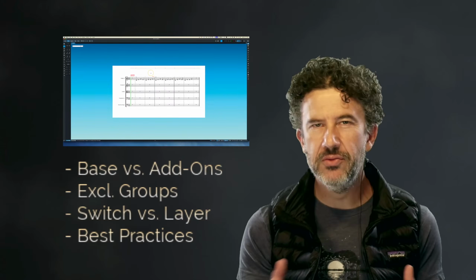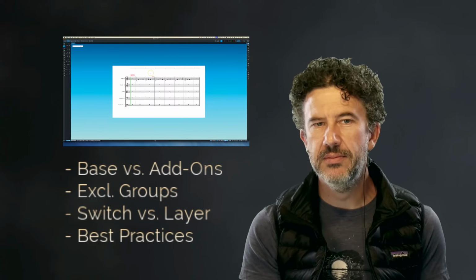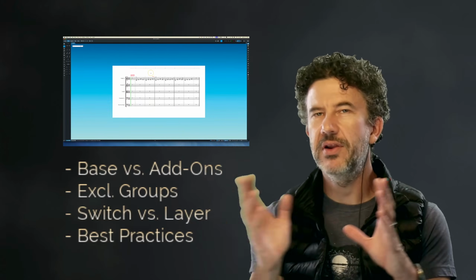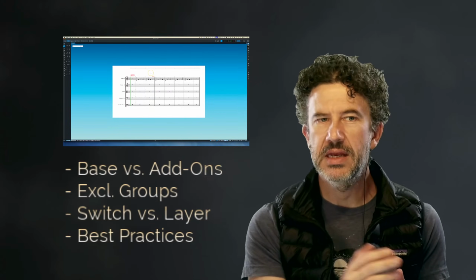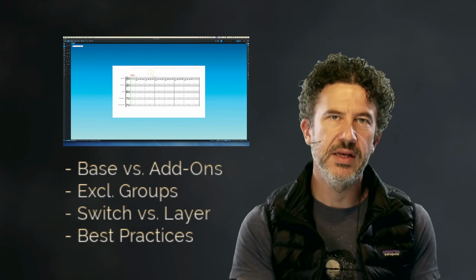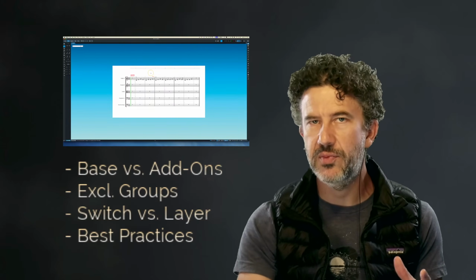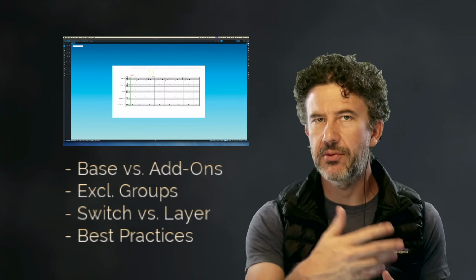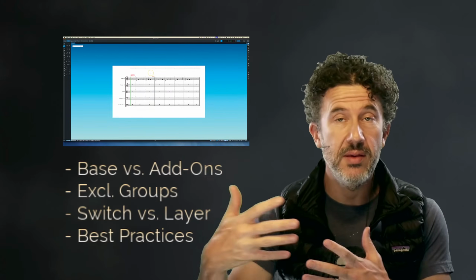In general, another aspect of best practice, and this is something I cover in other videos, is to start creating expression maps and playback templates with endpoint projects, where you create an endpoint with all your expression maps and so on for a family of instruments, your winds, your strings, your brass, or maybe a particular library.